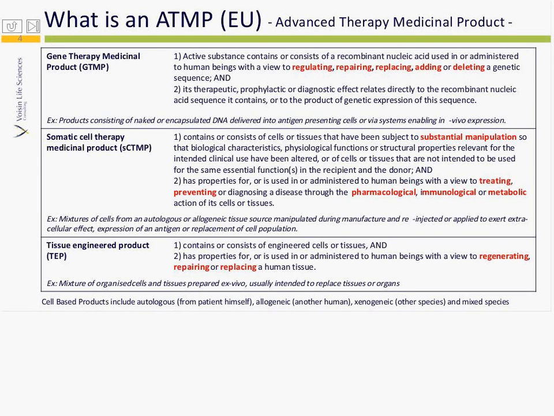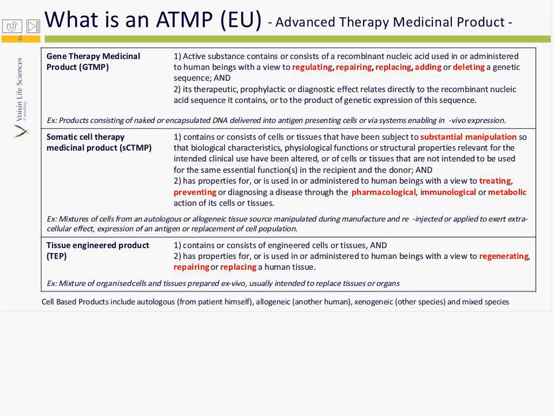With GTPs, for example, they are normally naked DNA or encapsulated DNA that deliver a gene that might be missing, and they're involved in regulating, repairing, replacing, adding, or deleting a genetic sequence, particularly in a medicinal context.